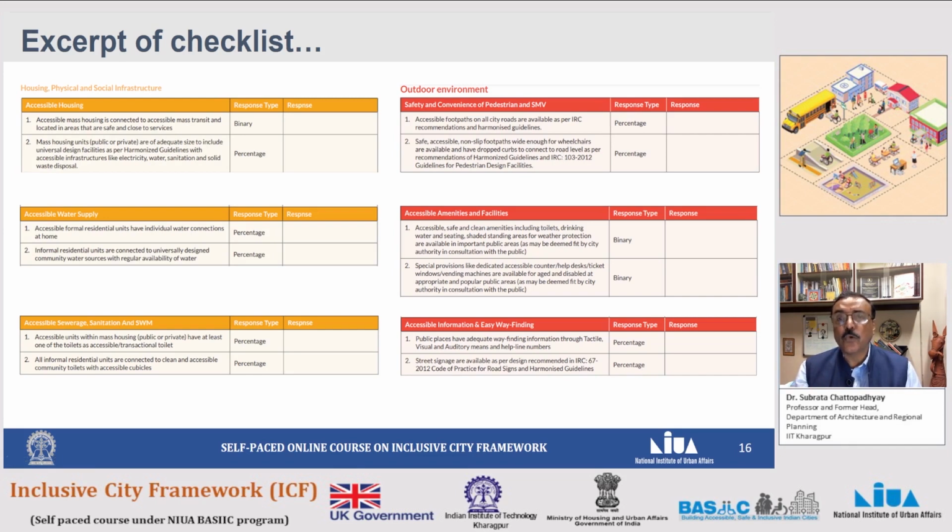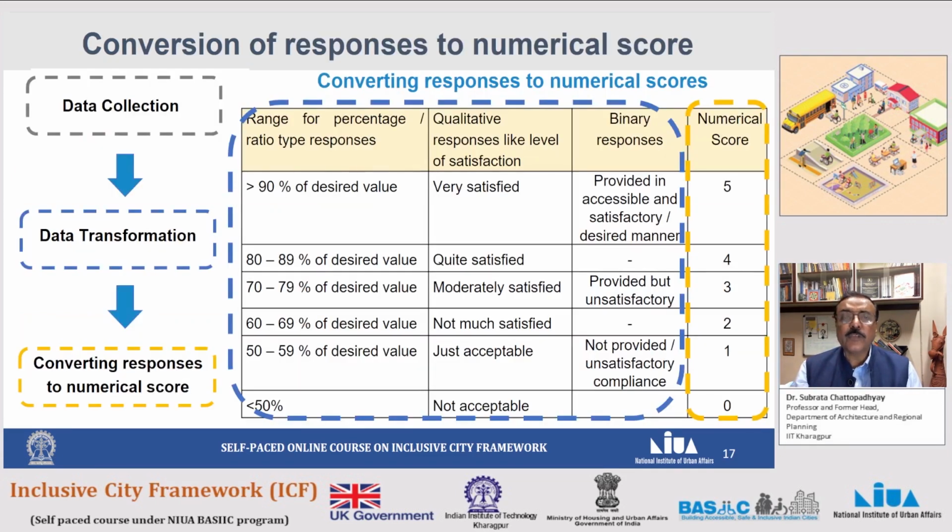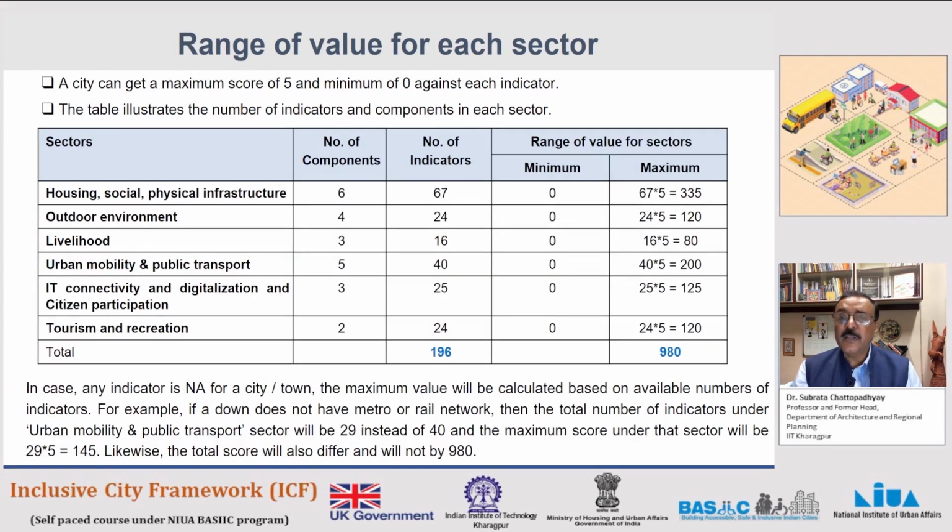So next is scoring. We have 4 types of responses which we need to convert into a singleton. So this is how you can do it. Convert all into 1 to 5 score. Next step is calculating the cumulative score. A city can get a maximum 5 and a minimum of 0 against each indicator.